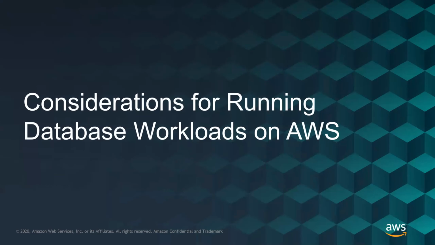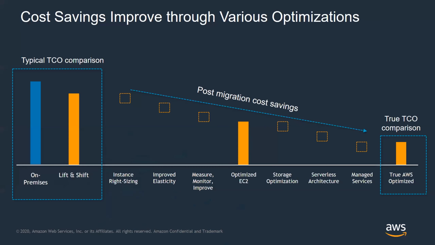All right, so let's dig in for the next probably 5-10 minutes on some considerations for running databases, right? So the first thing you will probably notice when you try to lift and shift an existing application into AWS, which is probably true for every other cloud vendor, is that you'll get a little bit of cost savings right away, but it's going to take a little bit of trial and error to figure out the right instance type and the right instance size, right?